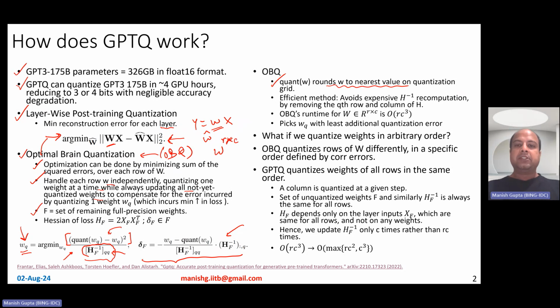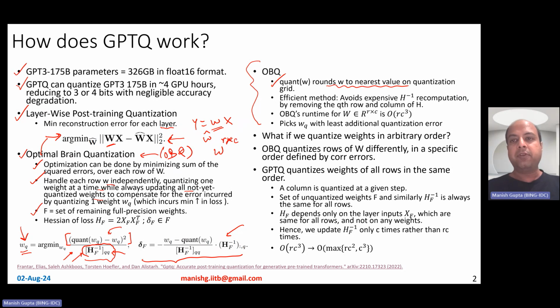In summary, what the OBQ method does is think about the quantization of the weight matrix row by row, and quantize element by element, one weight value at a time. While doing this quantization, there is the H inverse matrix involved, the inverse of the Hessian.